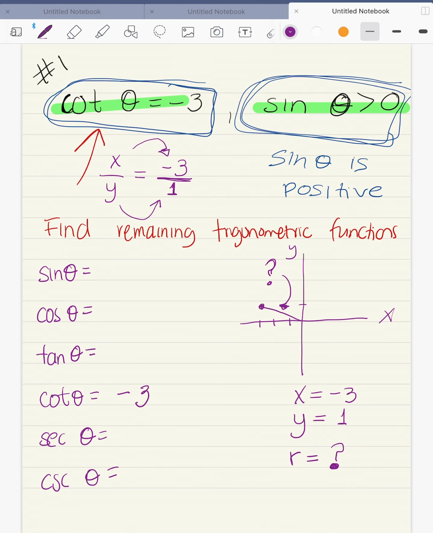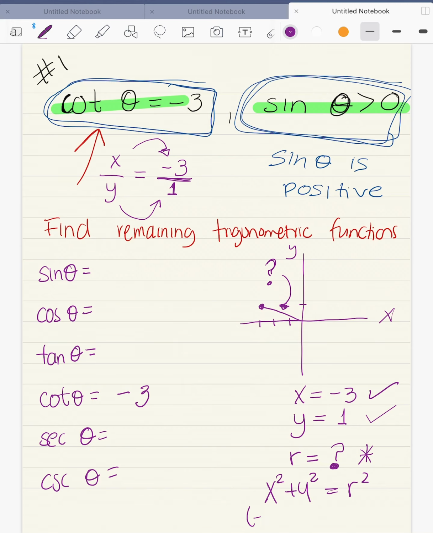Now we're gonna have a right triangle, and we know the right triangle follows the Pythagorean theorem, which is x squared plus y squared equals r squared, right? I know my x, I know my y, I don't know the radius. The radius is the hypotenuse, so I need to find that hypotenuse.